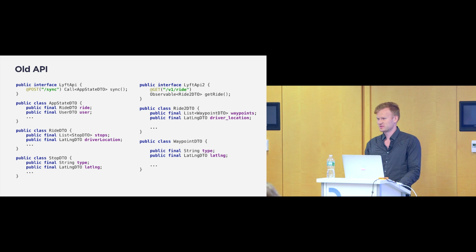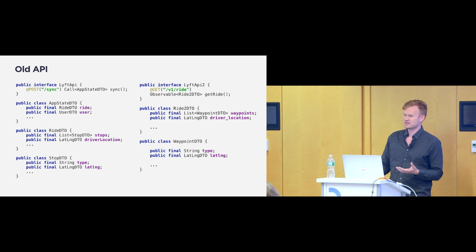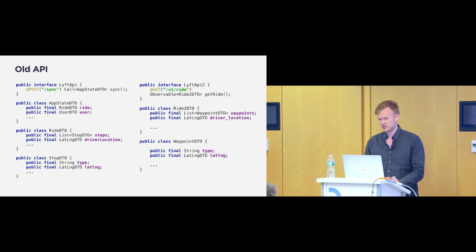And then eventually we reached the maximum with this approach, because Lyft was sending a lot of data, and while we kept polling for this single object, it didn't make sense and significantly polluted the data channel. So after that, we split all resources to separate endpoints.